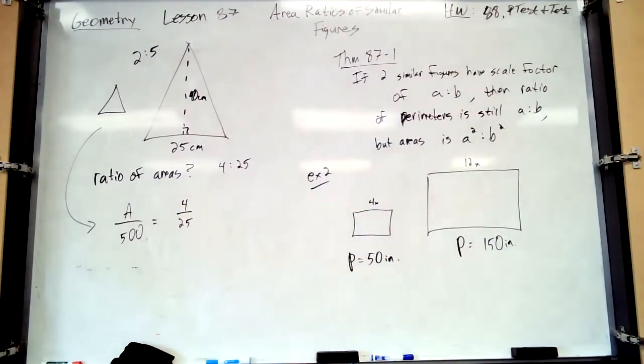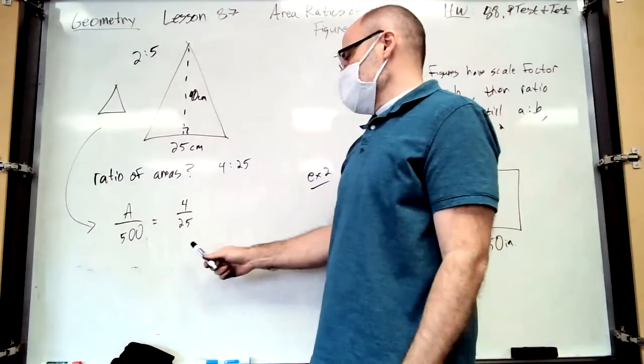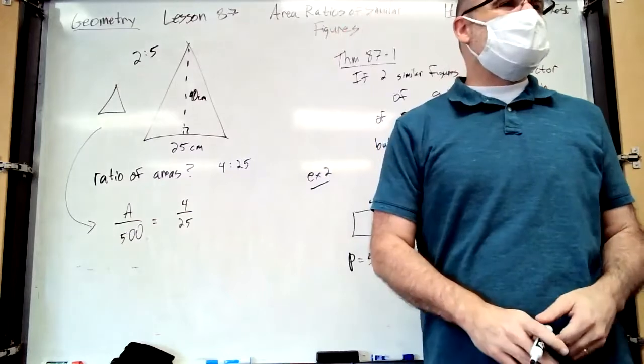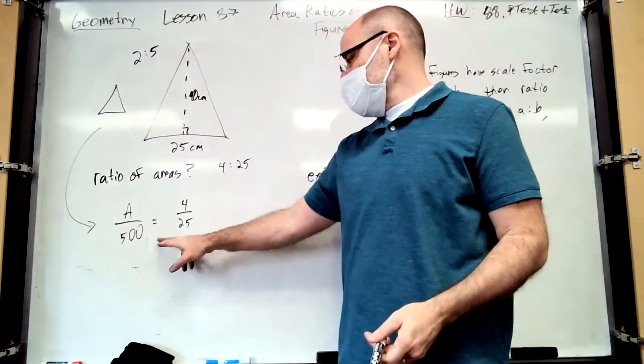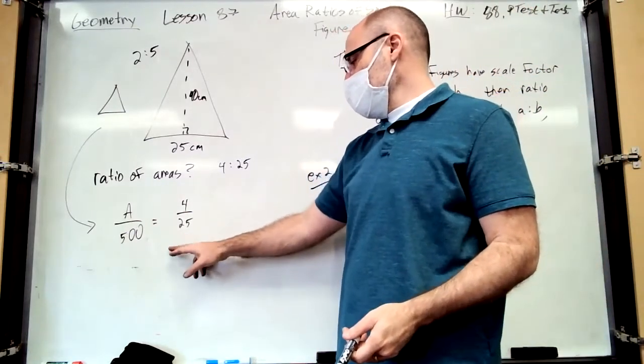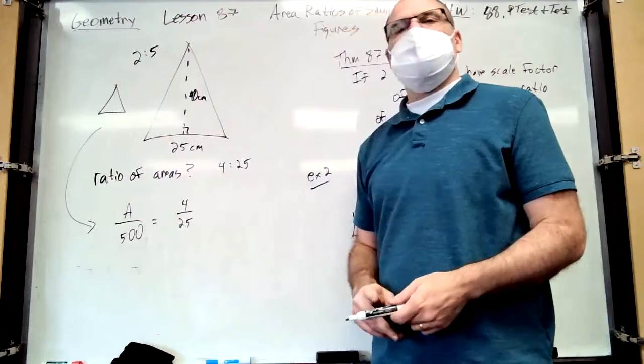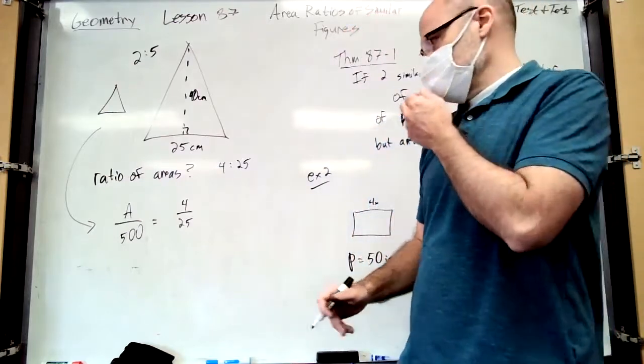There's not a nice little scale factor. The scale factor is like 2.5, or 5 halves. You can multiply, or use the fish method, or you can figure out how many times 25 goes into 500 and then multiply 4 times that.